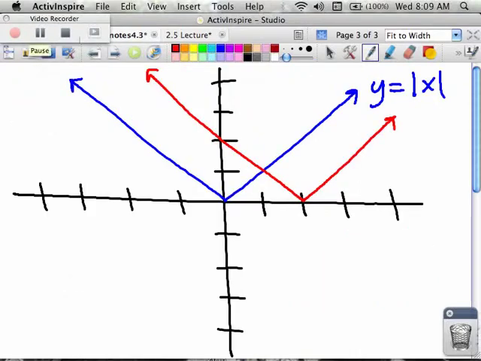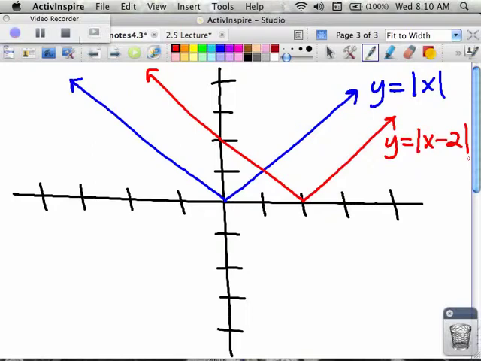Okay, so here we have this absolute value graph, the basic one in blue, y equals absolute value of x. And in the red, you can see it's moved 2 to the right. So this looks like the following: absolute value of x minus 2.